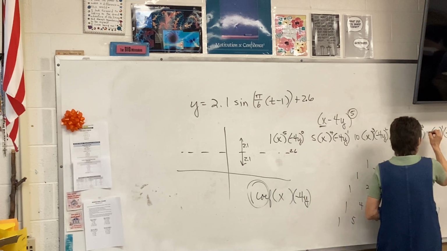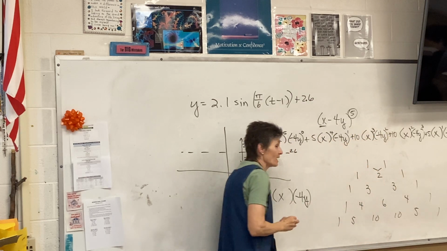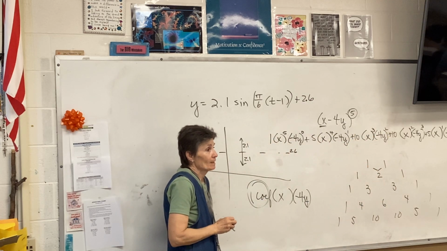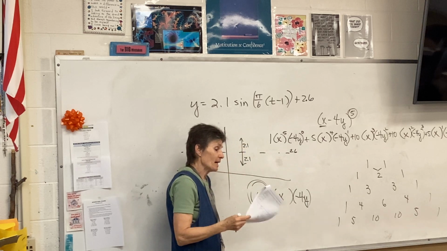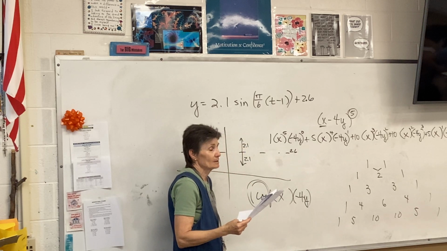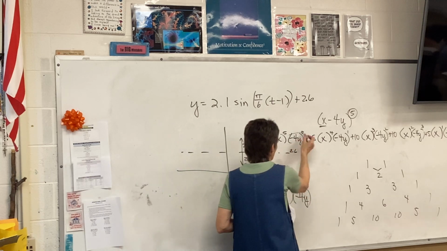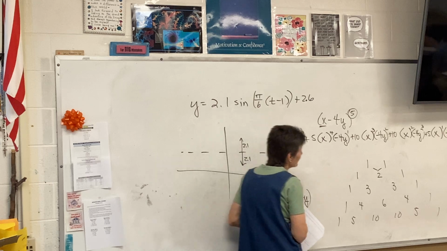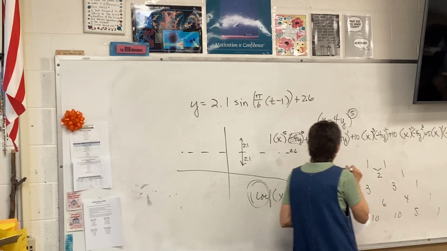And I squeezed all this in so I don't have very much room. But there they are. Now we're lucky because we're not asked to simplify. You do have to pay attention. Well, first of all, that's going to go away. And this is going to go away because anything to the 0 power is just 1.